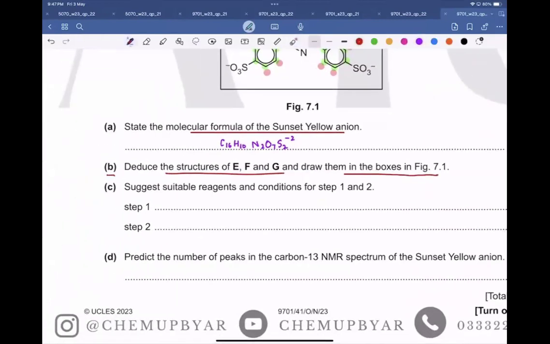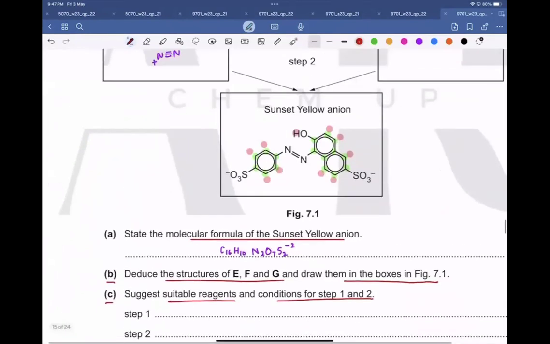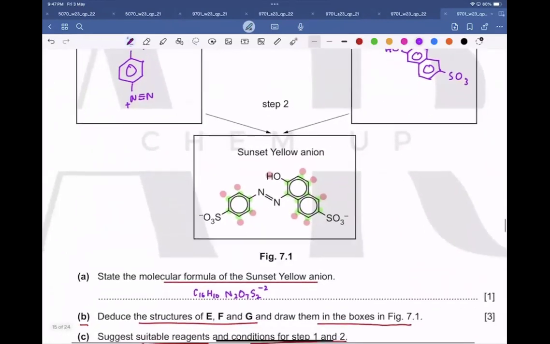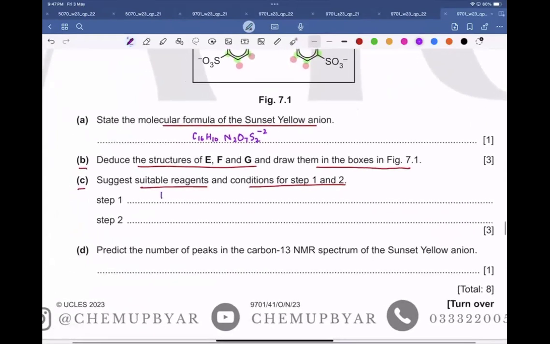Now, in part C, state the suitable reagents and conditions for step 1 and 2. In step 1, the diazonium ion is formed, right? So, to produce a diazonium ion, we react nitrous acid. So you just write HNO2, or instead of HNO2, you would write NaNO2 plus HCl.